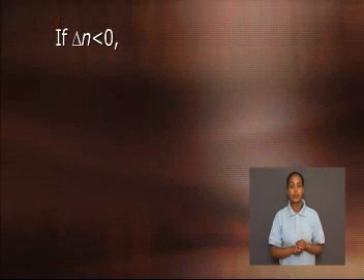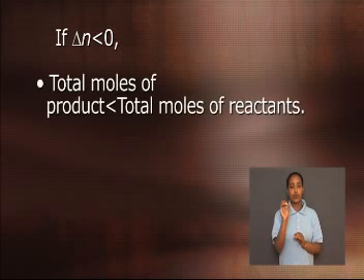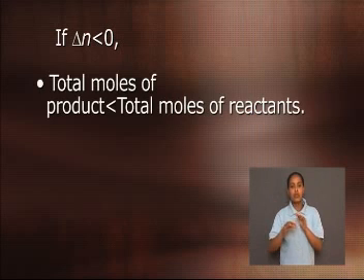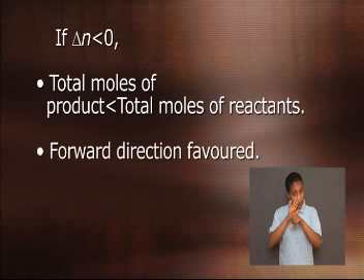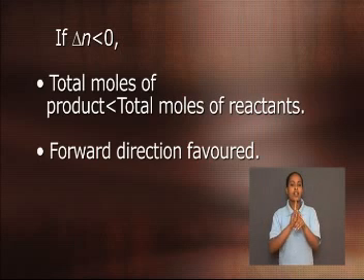Welcome back, students. If the change in N were less than 0, the total moles of products are less than the total moles of reactants. Also, increasing the pressure will favor the reaction in a forward direction.